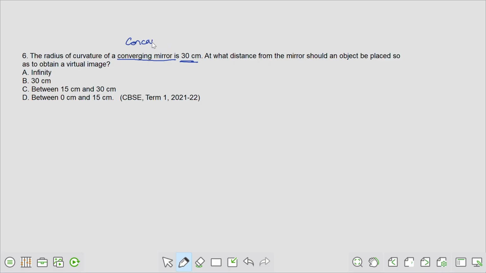Very good, the concave mirror is a converging mirror. The radius of curvature is 30 centimeter, and if you apply sign convention it will be minus, because for a concave mirror you will get the radius of curvature on the left side.